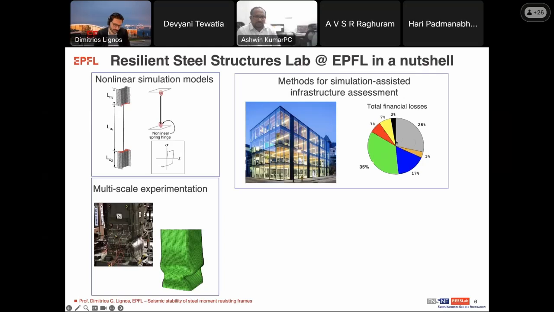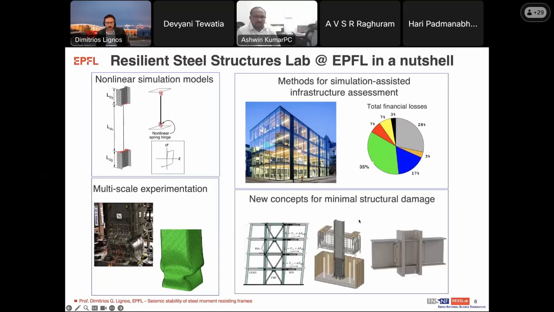One of the things we are interested in is not only structural damage, but also how losses between components contribute to the total financial losses after an earthquake.